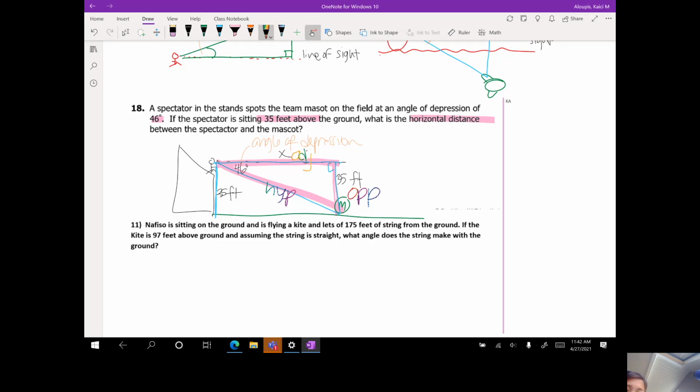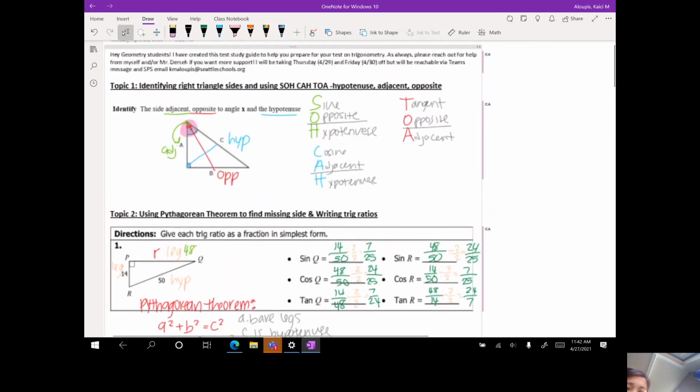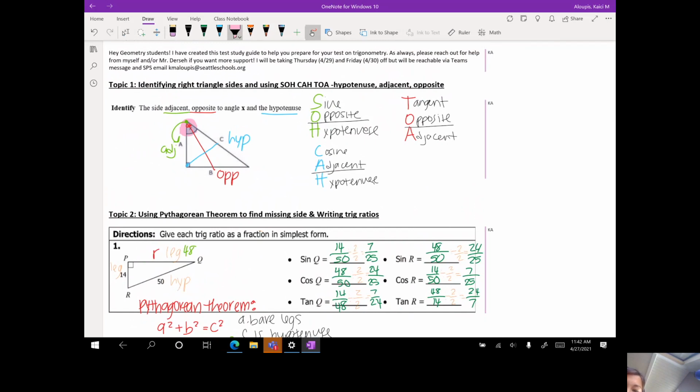Which trig ratio deals with adjacent and opposite? Go back to SOH CAH TOA, and we see O and A, opposite and adjacent, right here for tangent.